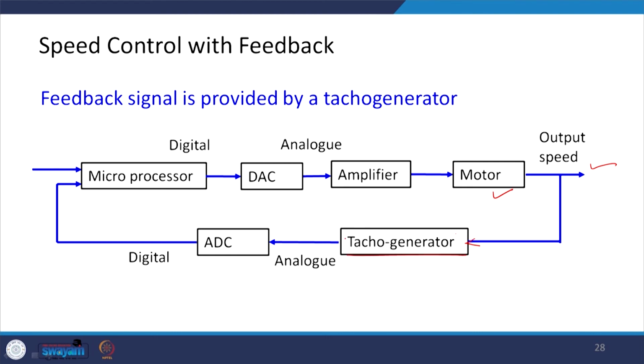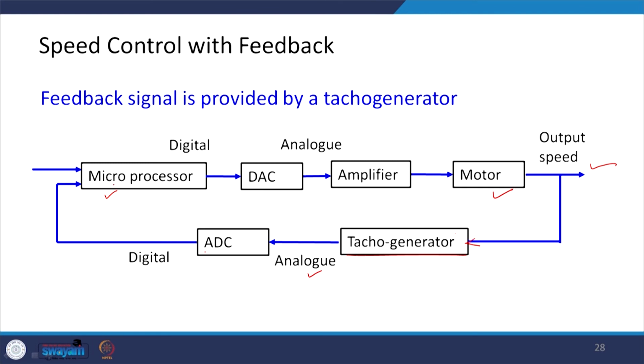Now, you see that this tacho generator basically gives you a voltage, that is we are getting an analog signal. So, I need to convert this analog signal to a digital signal, because this signal has to be sent to a microprocessor, and a microprocessor cannot take an analog signal, it takes only digital signal.